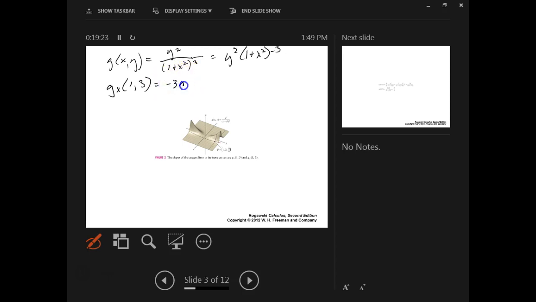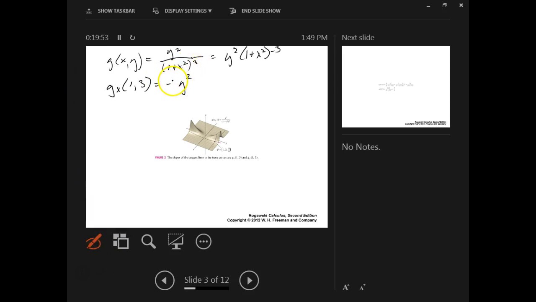Negative 3y squared. Don't you have to do the chain rule now? Yes, you do. Ultimately it's going to go on the outside, so if you want to take care of that at the same time, you can.